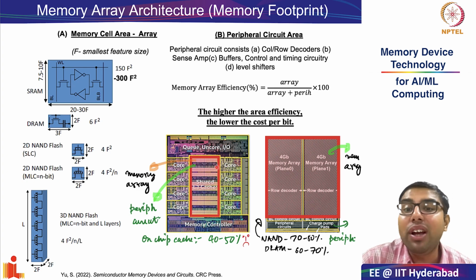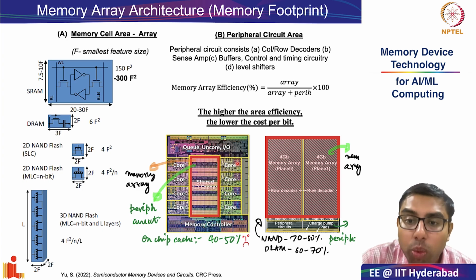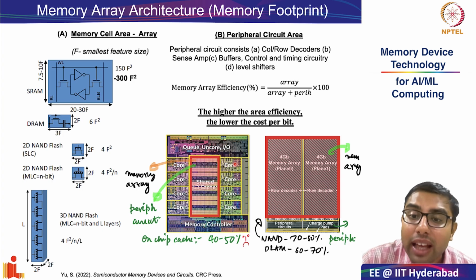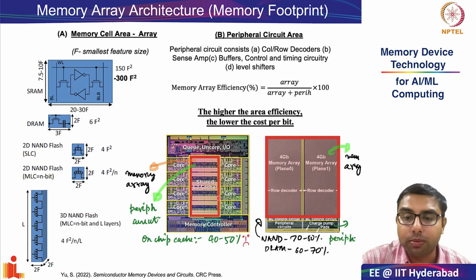And we have not even discussed the L1 and L2 cache, which is embedded within each core. Recall from our discussion that L1 and L2 cache is individual to each core, whereas the L3 cache is shared.